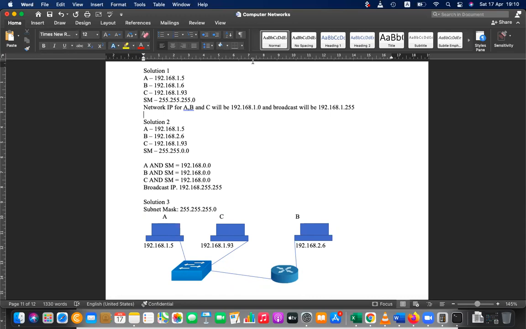First one, yes, change in IP is easiest. No need to do other things. Change in IP is a one second thing. So let's do that and see.